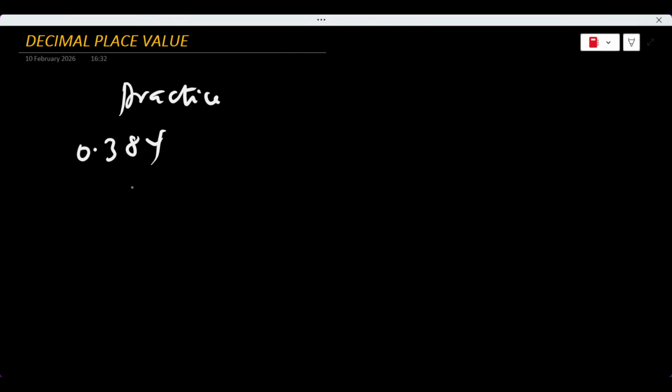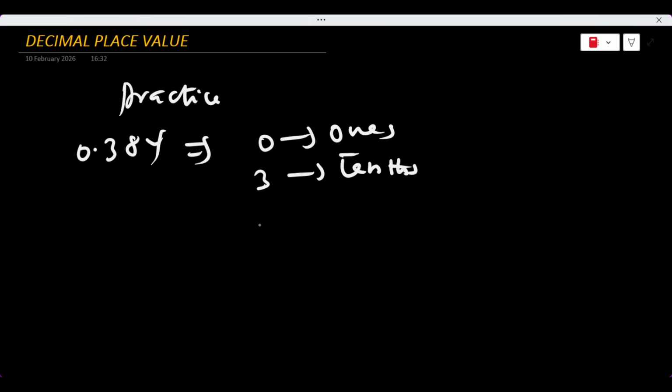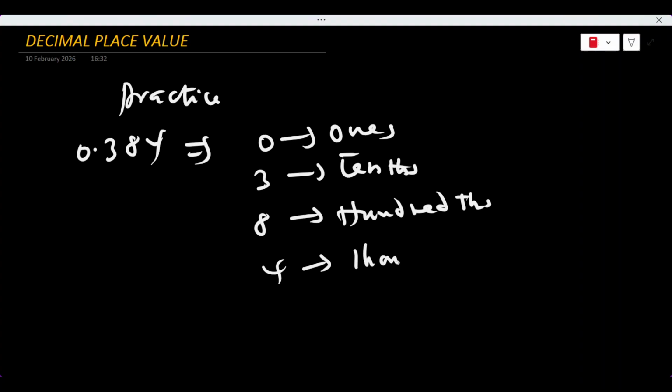The solution gives us: the 0 at the ones, the 3 at the tenths, the 8 at the hundredths, and the 4 at the thousandths.